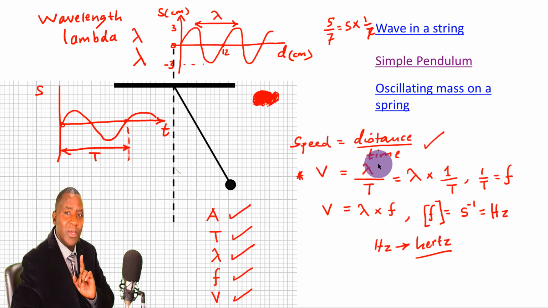It's just one equation, but it depends on what you are provided in a question if you are required to calculate speed. If distance and time is given, well and good, use them. If lambda and T, periodic time, is given, use them. If lambda and f, which is frequency, is given, use them. And of course, somewhere I had already mentioned that the SI unit of frequency is hertz or per second.